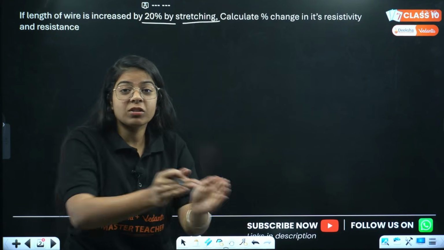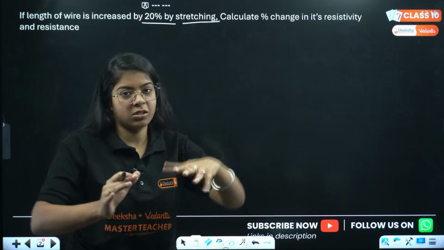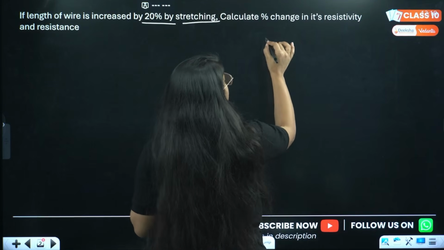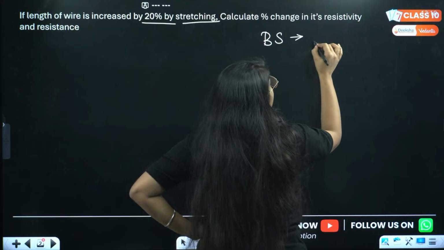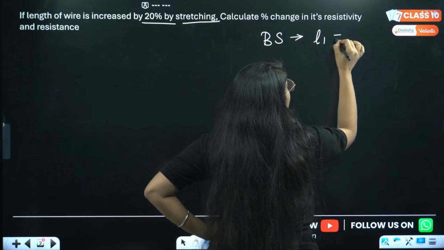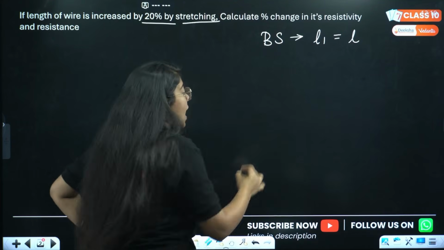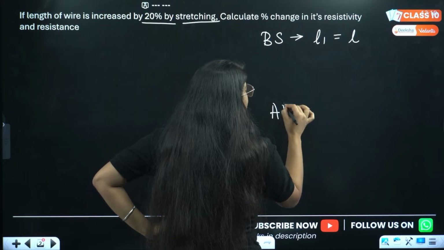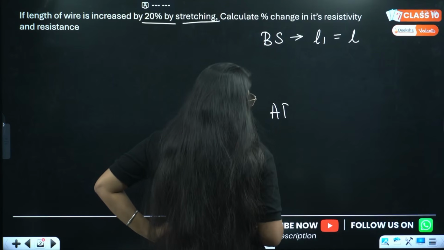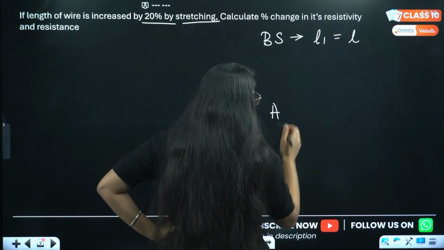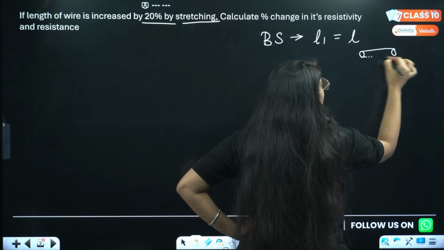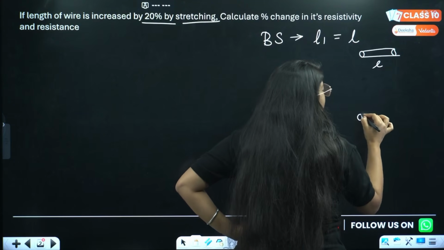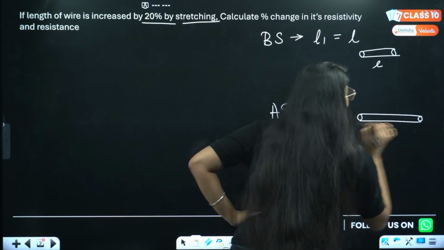See, before the stretching, the length of the wire was something. Let's write BS, that is before stretching, the length of the wire L1 was simply L. Right? After stretching, now what happens? The length of wire is increased by 20%. Say, this was my wire, that was L. Let's say now the length of the wire increased, something like this.